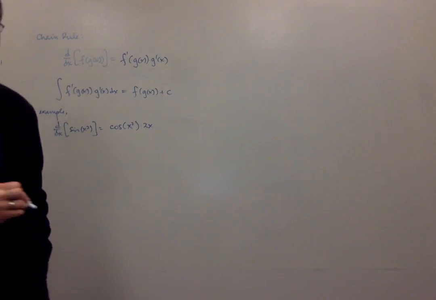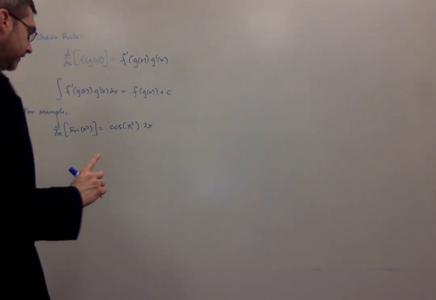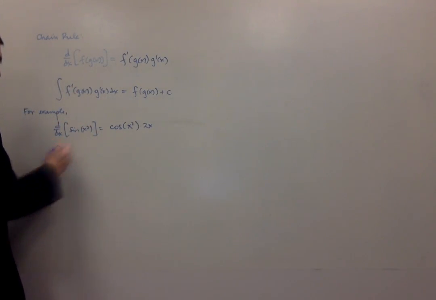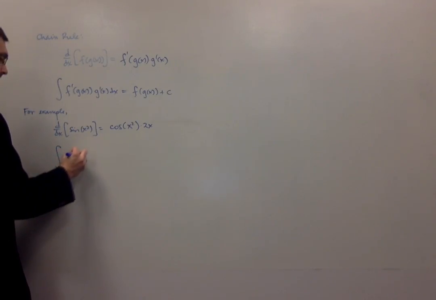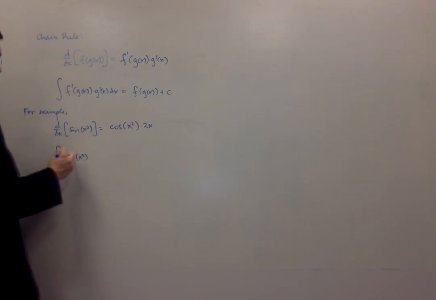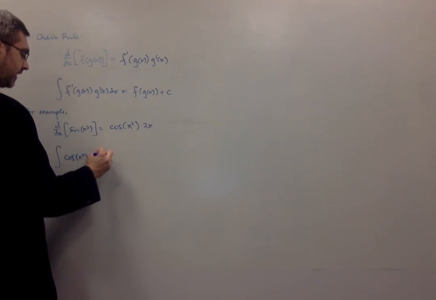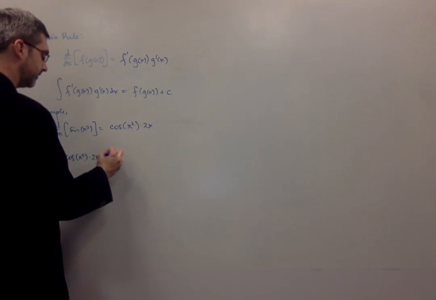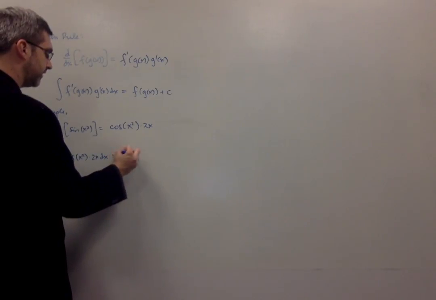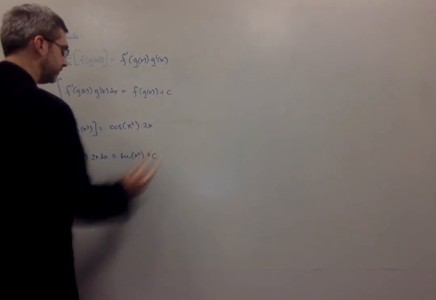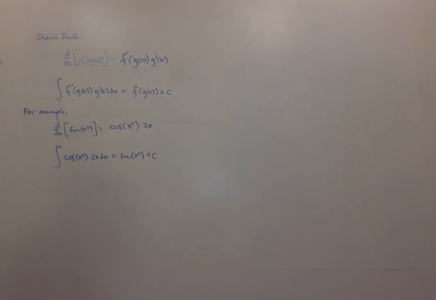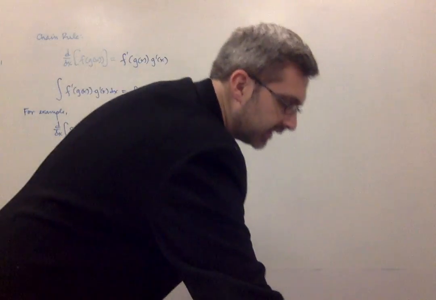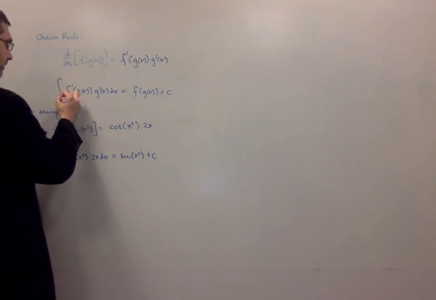Okay? So what this means, if I flip it around, is that if I gave you the integral of cosine of x squared times 2x with a dx at the end, that answer would be sine of x squared. Now the challenge with trying to reverse the chain rule is I have to have something that's exactly in this form.